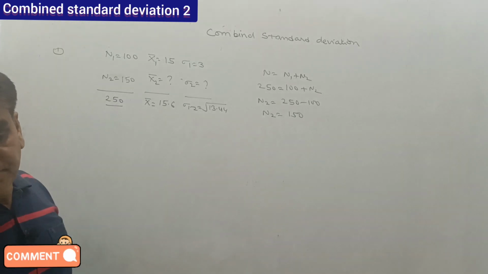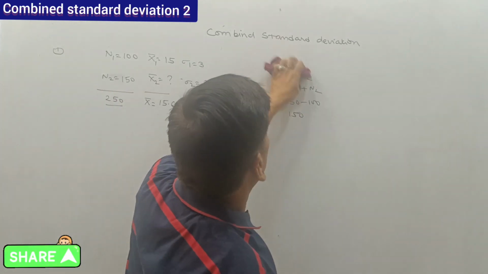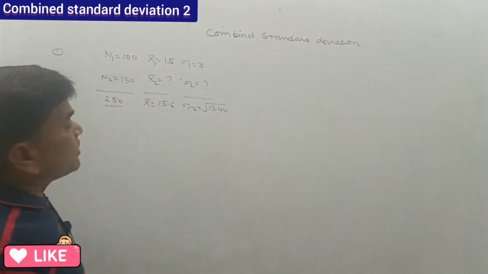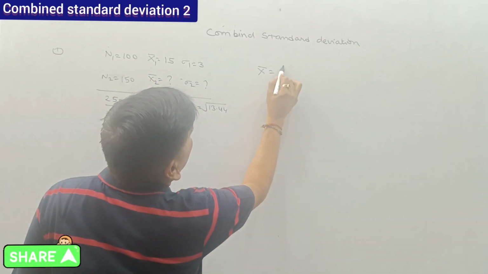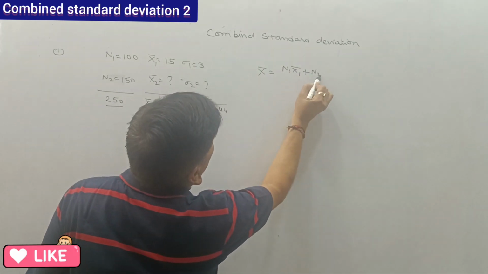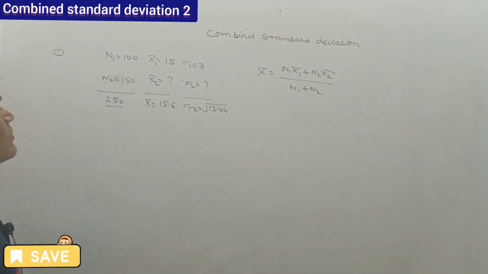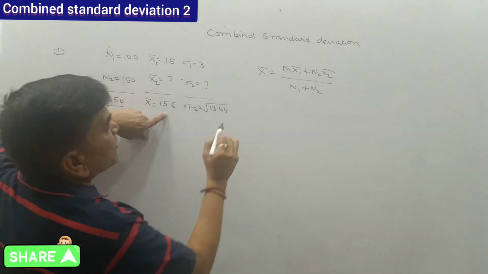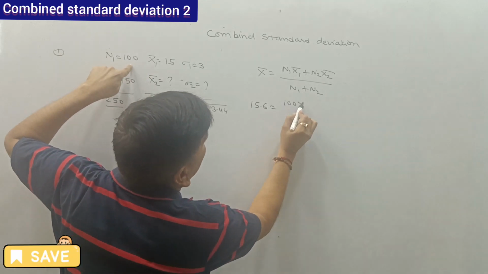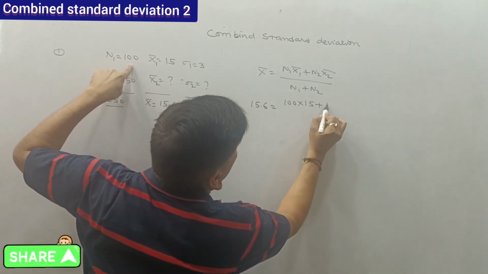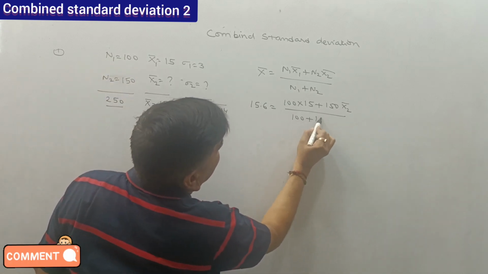Now the second thing. Firstly we calculated the values of N1 and N2; N2 is 150. The combined arithmetic mean formula is N1 X bar 1 plus N2 X bar 2 upon N1 plus N2. The combined mean is given as 15.6. N1 is 100, X bar 1 is 15, N2 is 150, X bar 2 is not known, divided by N1 plus N2, 100 plus 150.